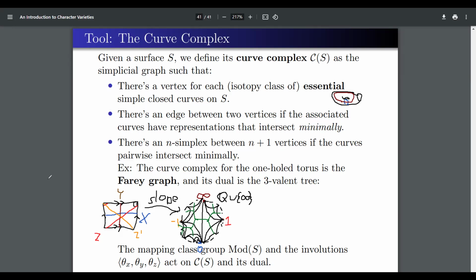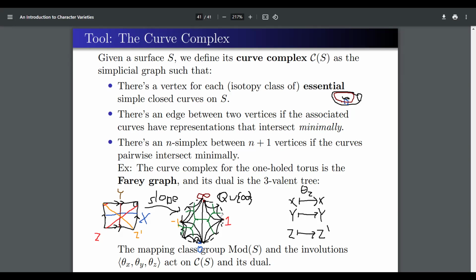And so now what theta z does is, give me a second. It sends x to x. It sends y to y. And it actually sends z to z prime. It sends it to the other one.